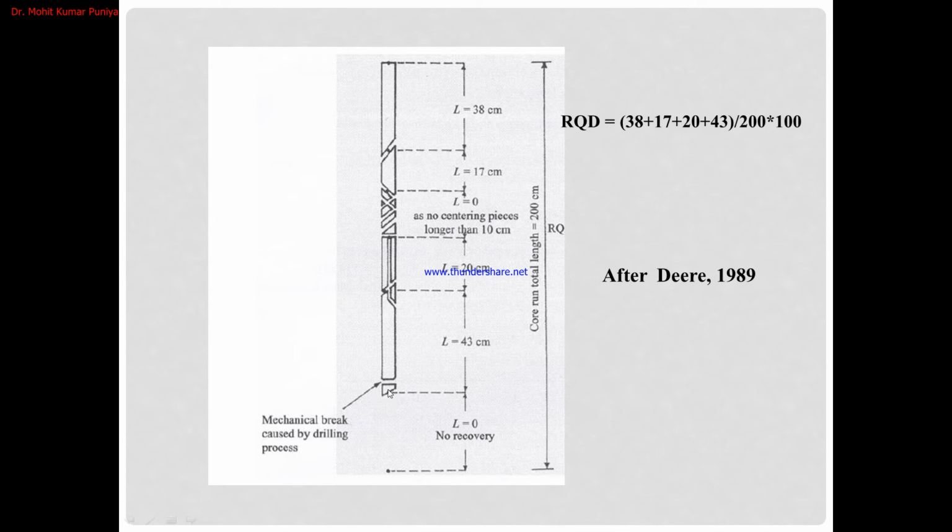So if we have a mechanical fracture in this core, we have to calculate the length of this core from here to here including the mechanical fracture. That's why the length of this core is 43 centimeter. But in the case of a natural fracture, the surface should be discolored, or maybe weathered, with iron stain, or some secondary mineralization, secondary mineral, iron stain, or chloritic surface that may be smooth also.